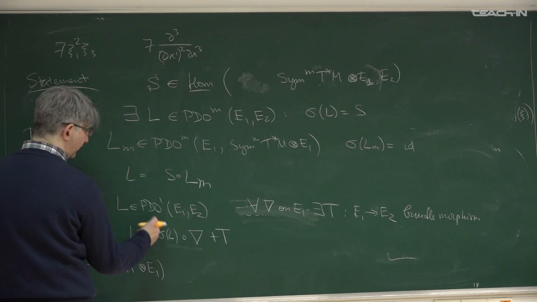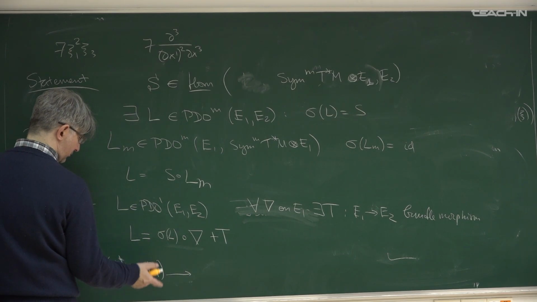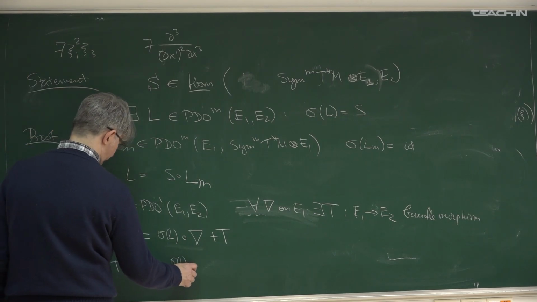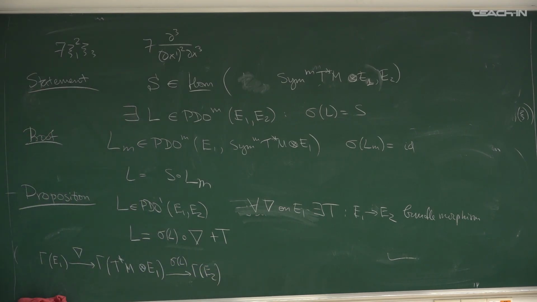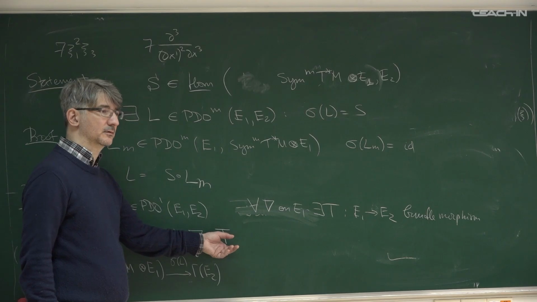And since this operator is a differential operator of order 1, it's already a symmetric power, so the symbol sends it to sections of E2. So this is an answer to your question: if you have a symbol tensored with something, it is the same as a connection plus some linear operator.